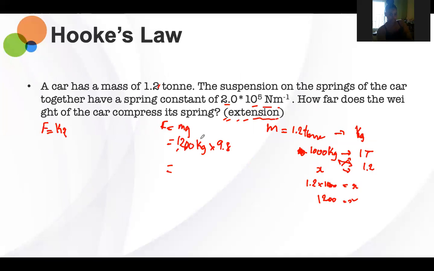All right, so what are we getting here? 9.8 times 1,200 gives 11,760. Let me just double check. All right, so you are correct, 11,760.